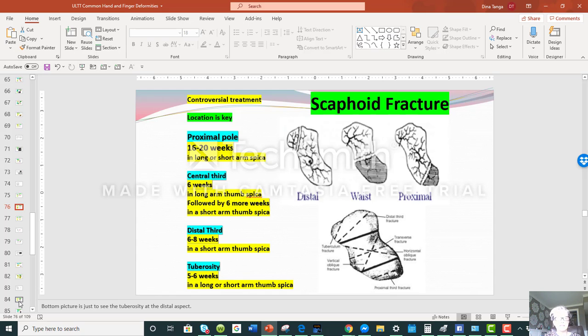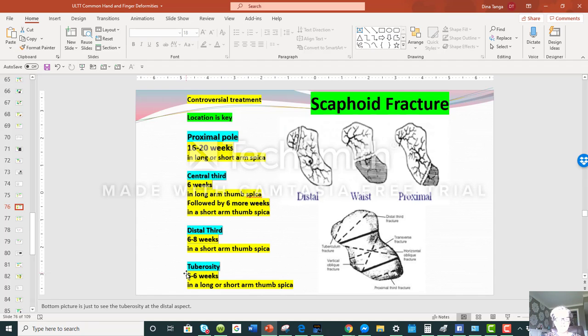Proximal pole, 16 to 20 weeks in short or long-term spica. Central third, 6 weeks in long arm thumb spica, followed by 6 more weeks in a short arm thumb spica. Distal third, 6 to 8 weeks in a short arm thumb spica.